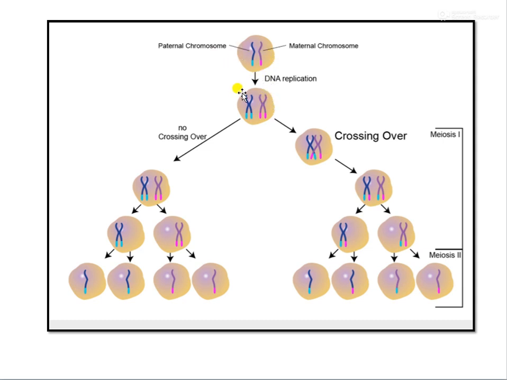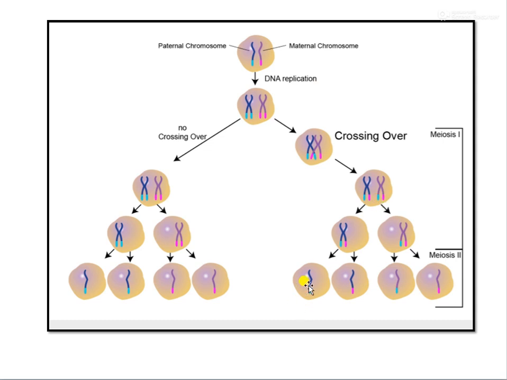But sometimes when these gametes are formed, what happens? The maternal and the paternal chromosome of the parent undergo crossing over, or exchange of genetic material.